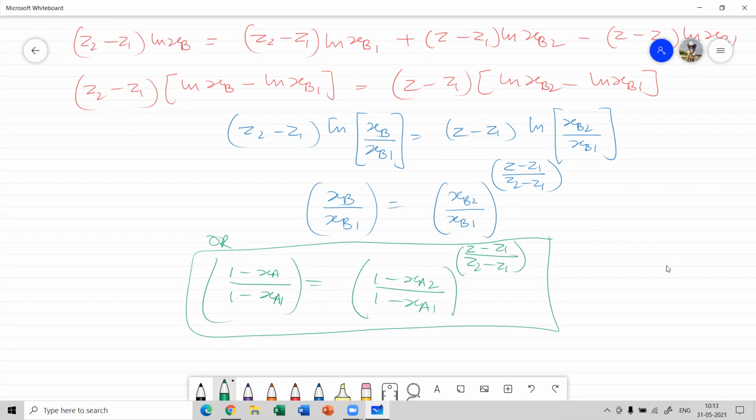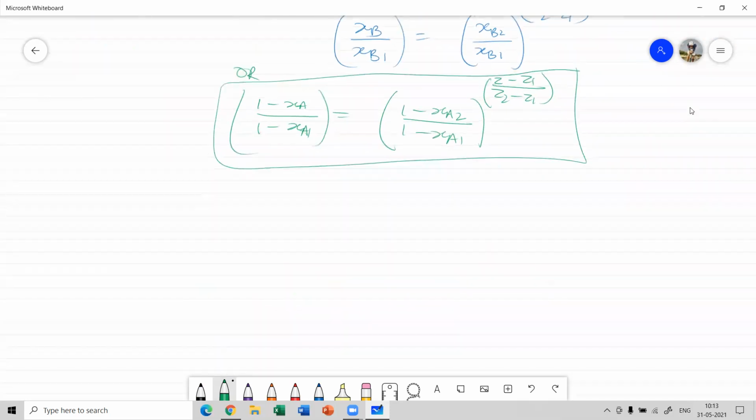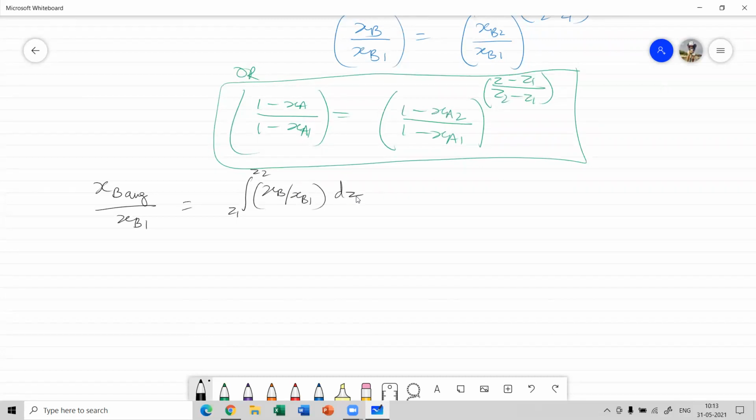Now further, if we want to calculate the average values, let's say xb average over xb1 is basically the integral from z1 to z2 of xb over xb1 dz over the entire integral of dz from z1 to z2.